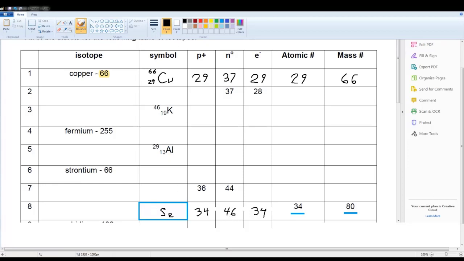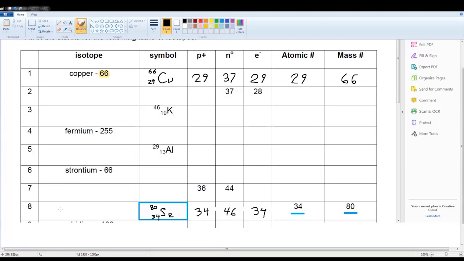And what number goes on the top left of the symbol? It's Se 80. The top one is 80, and the bottom one is 34.